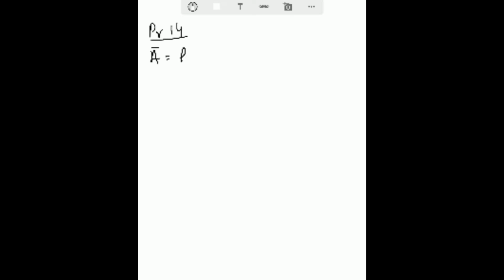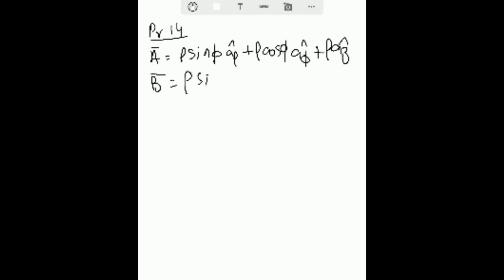A is rho sine phi a_rho plus rho cosine phi a_phi plus rho a_z, and B is rho sine phi a_phi plus rho cosine phi a_phi and minus rho a_z.